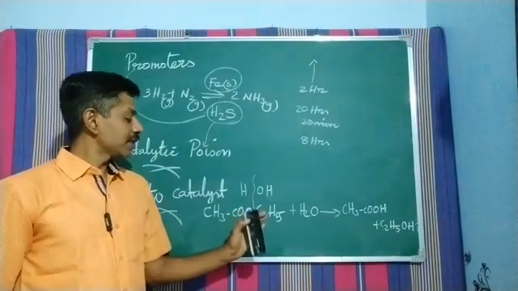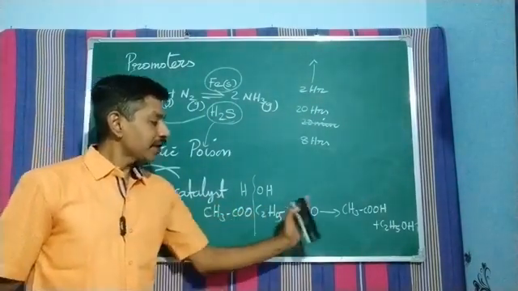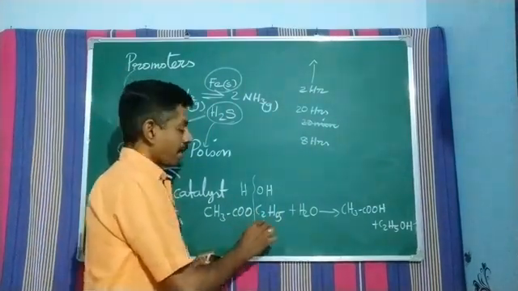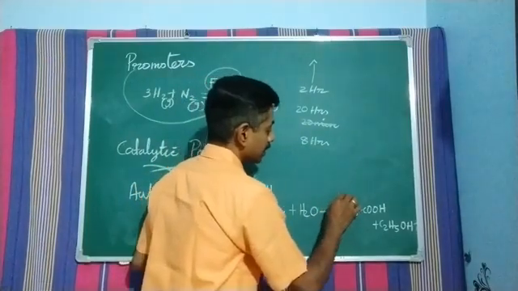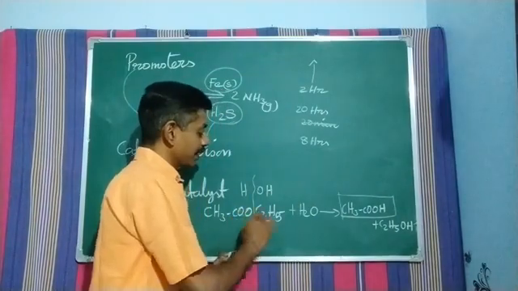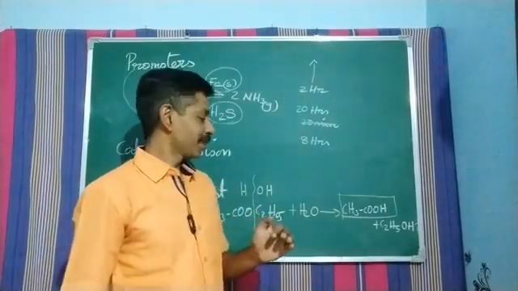So in this particular reaction, see, these two are reactants, and acetic acid is one of the products, on the right hand side. So the beginning of the reaction will go at a slower rate.